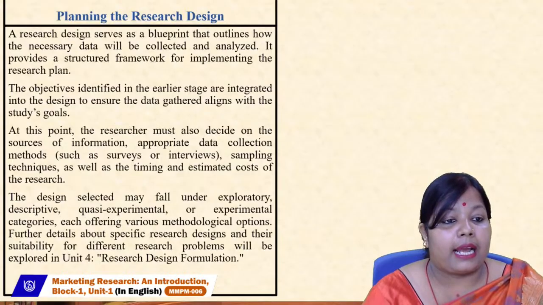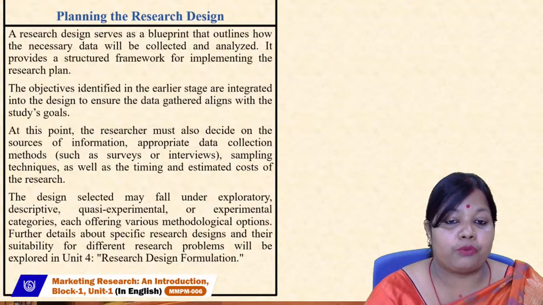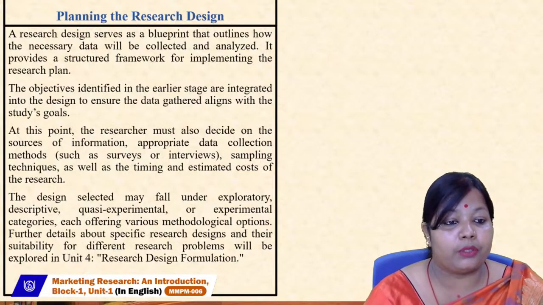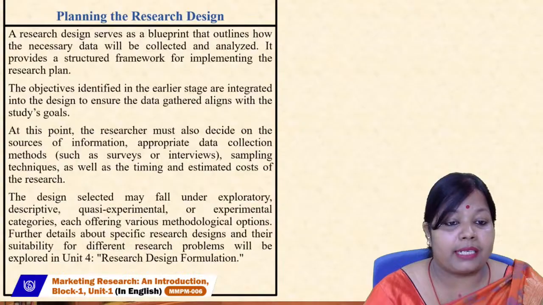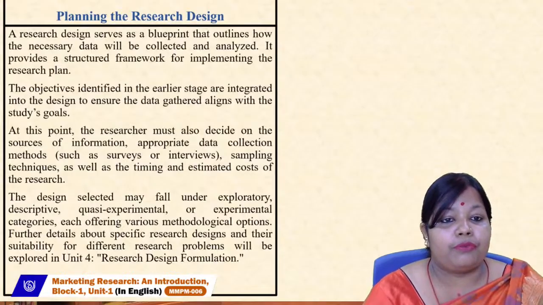At this point, the researcher must also decide on the sources of information, appropriate data collection methods such as surveys or interviews, what is appropriate for the researcher, and what sampling techniques are going to be used, as well as the timing and estimated costs of the research. All these things should be decided beforehand according to the budget and the requirements of the research.